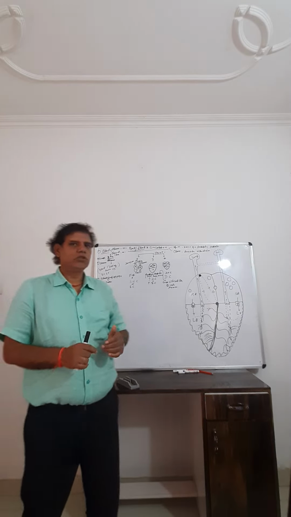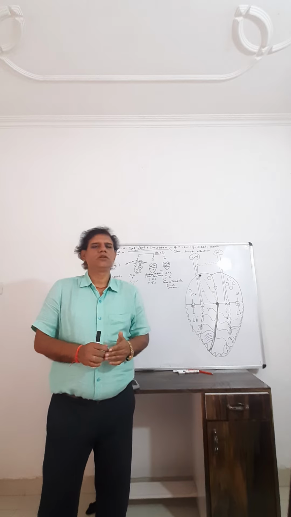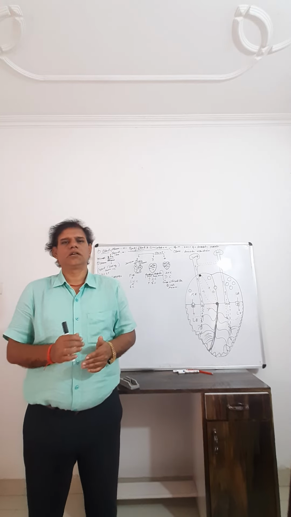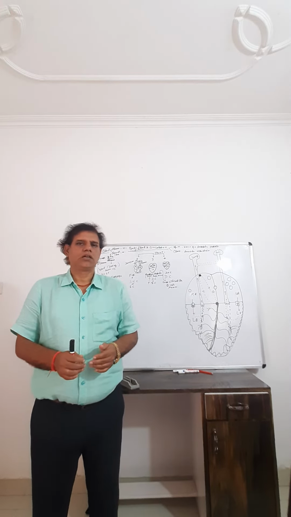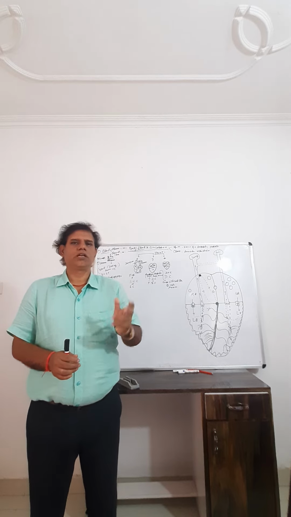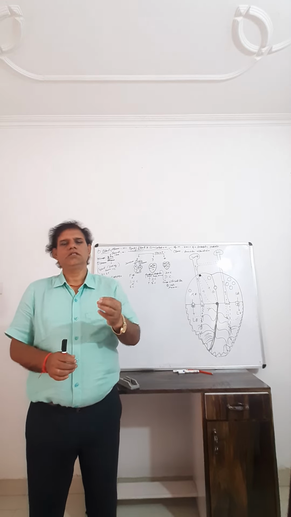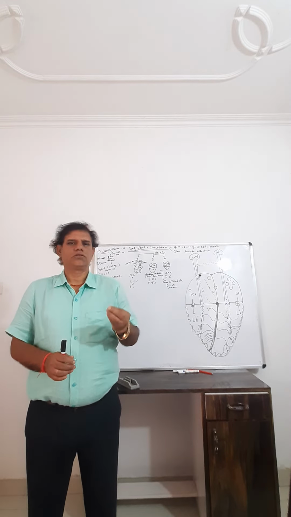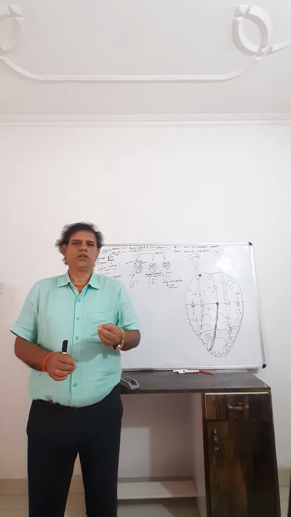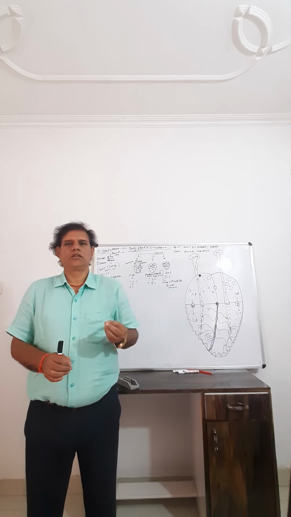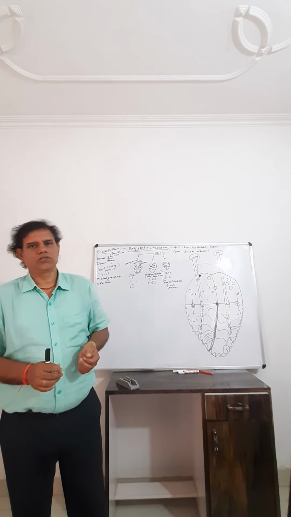And WBCs are again divided into granulocytes and agranulocytes. Granulocyte means there is a presence of granules. Granules means there are some nucleus-like structures present in the WBC, such as eosinophil, basophil, neutrophil. These are the granulocytes. And lymphocyte and monocyte are agranulocytes.